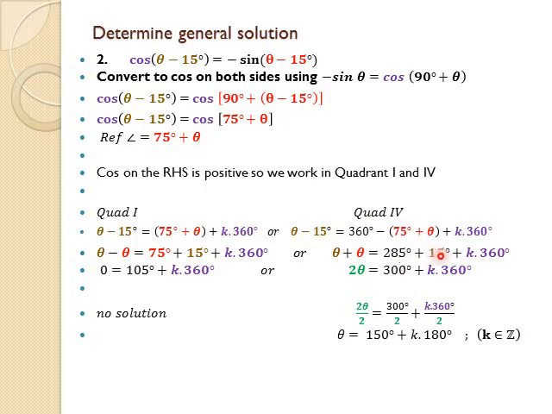Take 15 over, it becomes plus 15, plus k times 360. 285 plus 15 gives me 300. Theta plus theta gives me 2 theta, plus k times 360. So 2 theta divided by 2, 300 divided by 2, because I want theta on its own, gives me 150 plus k times 180.